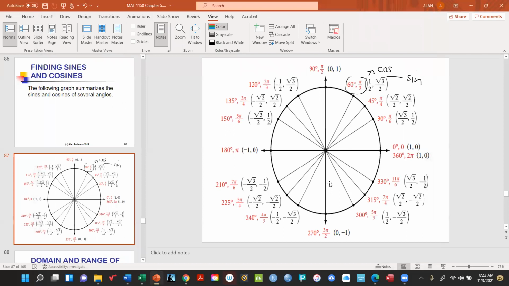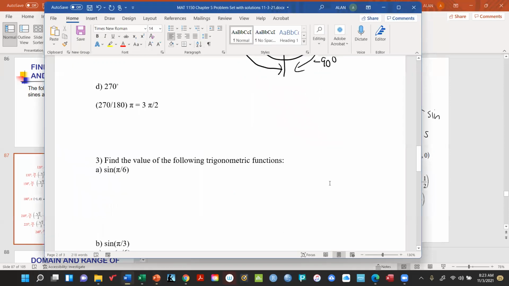So if you look at the unit circle, pi over 6 is way over here. This is 30 degrees. And so you can see that given that the first term here is the cosine and the second term is the sine, then the sine of pi over 6 is a half.